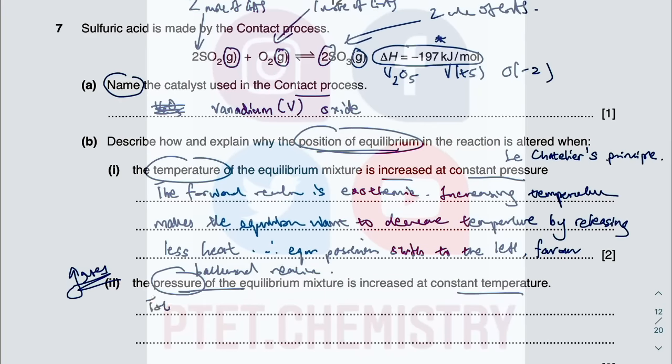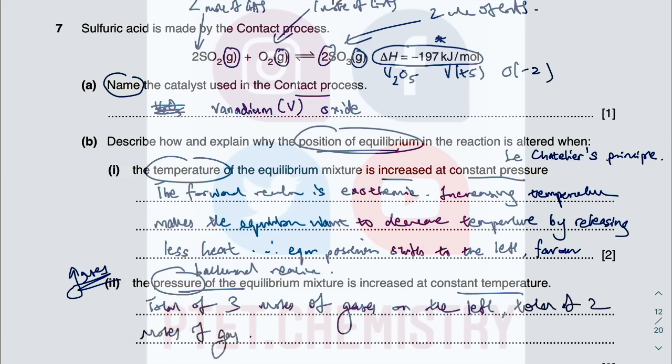So a total of 3 moles of gases on the left side of the reaction, a total of 2 moles of gas on the right side of the equation. So what does it mean?